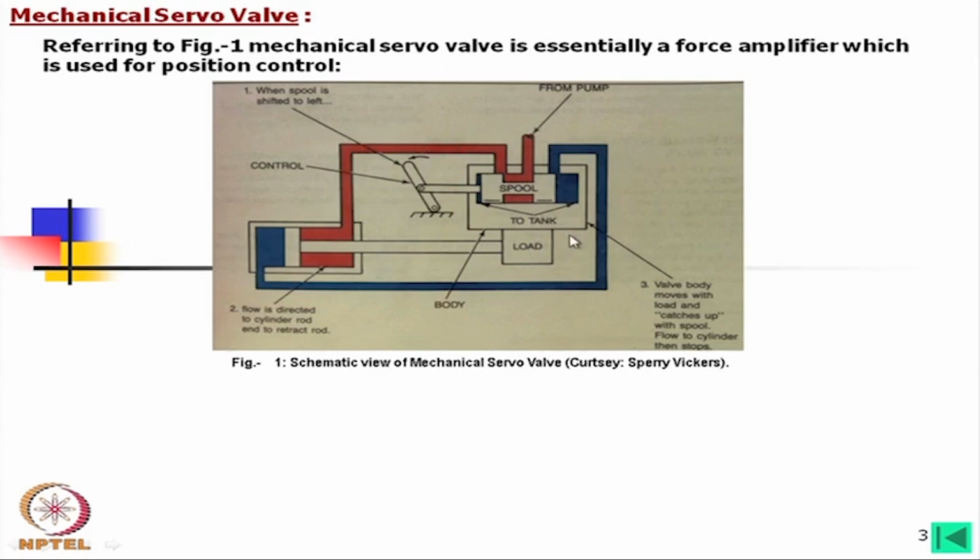Now, look at this. What actually will happen is that the valve body, not the spool, will move in this direction, and then it will be closed again. So, there will be no motion of the valve, but the input is given, which means a constant input is there.